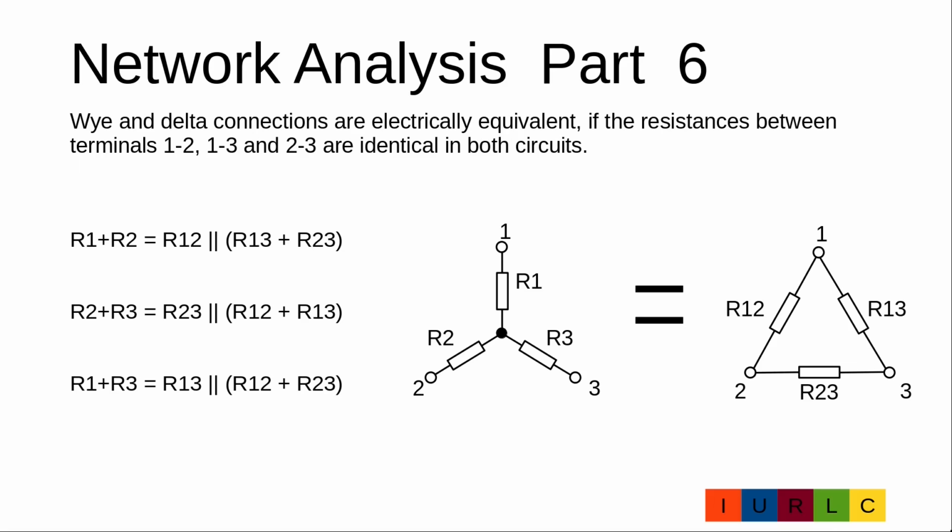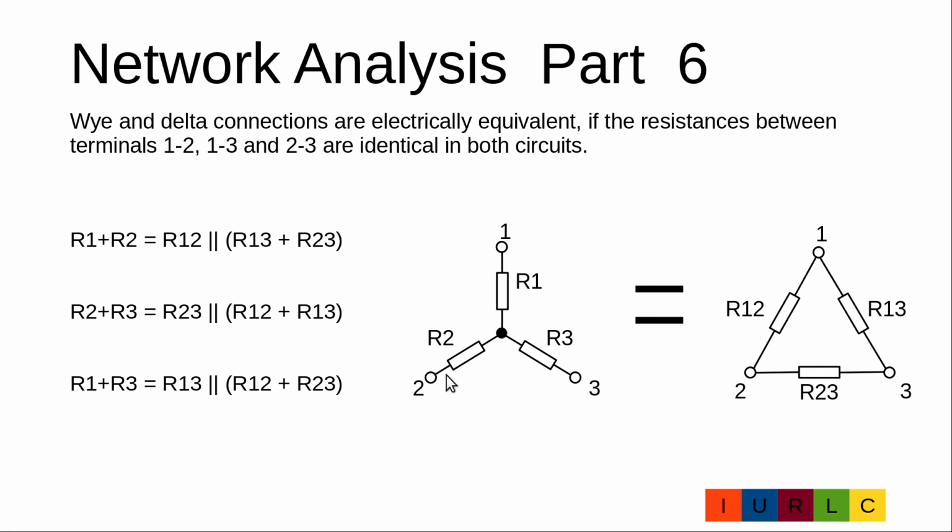With these basic thoughts, we can now generate the following three formulas. The resistance R1 plus R2 is equal to the resistance R12 in parallel with the resistance R13 plus R23.